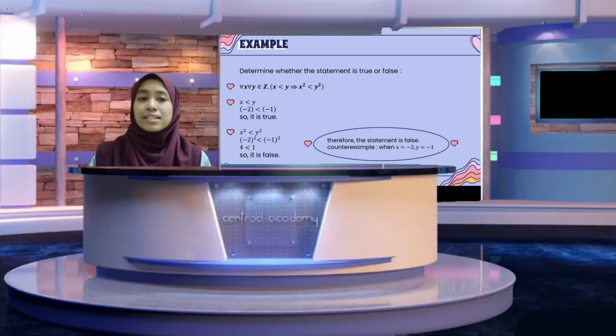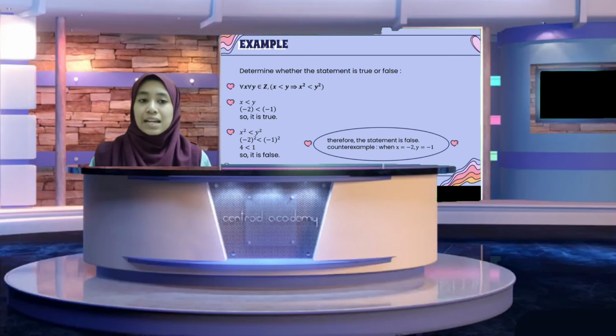First, we may substitute x with -2 and y with -1. For the first statement, it will become true because -2 is less than -1. Meanwhile, for the second statement, it will become false as we square both sides, -2 and -1, and the answer is 4 less than 1, which is false.